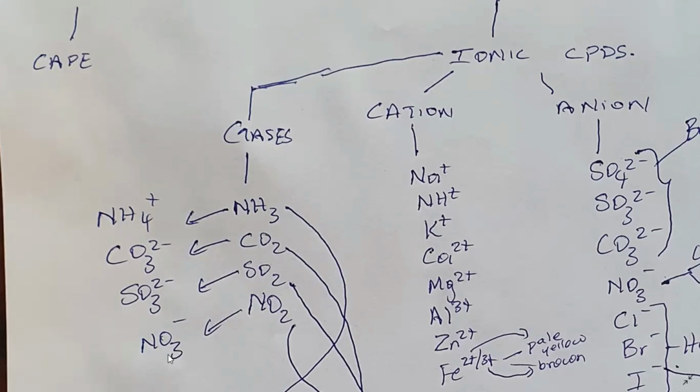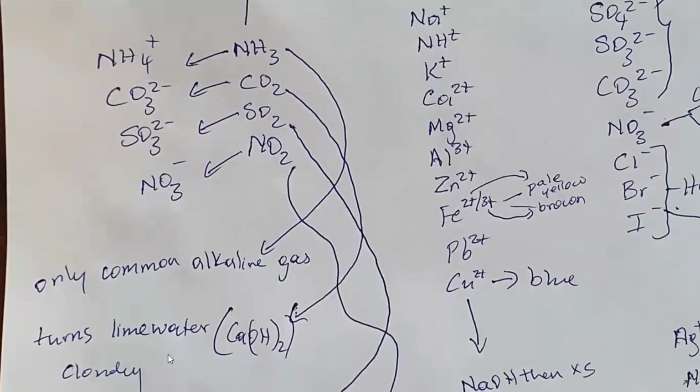So how do you know you have ammonia? Well, ammonia is the only common alkaline gas. If it is an alkaline gas, it's going to change red litmus paper to blue. For your purposes, it's the only gas that's going to change red litmus to blue. Most other gases are going to change blue litmus paper red.